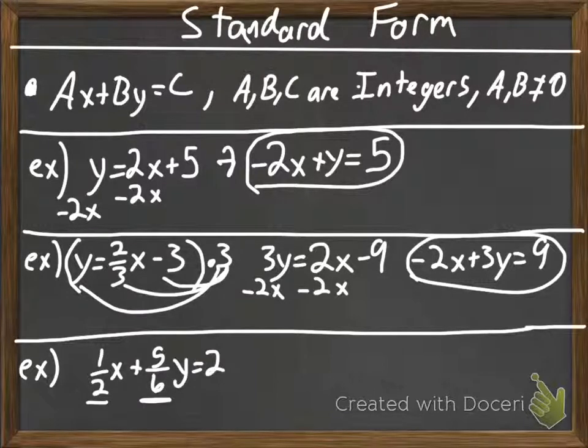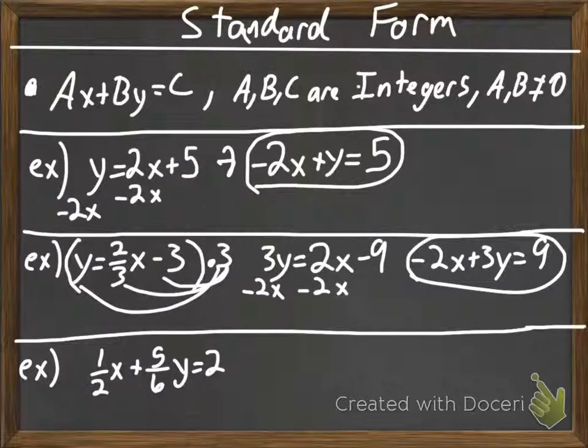So what you do is you look at the 2 numbers, and it's 2 and 6. And what you look for is the number that we can multiply them both by and get rid of all the fractions. So we need to look for the least common multiple. And the least common multiple of 2 and 6 is 6. It's the smallest number they both multiply to.